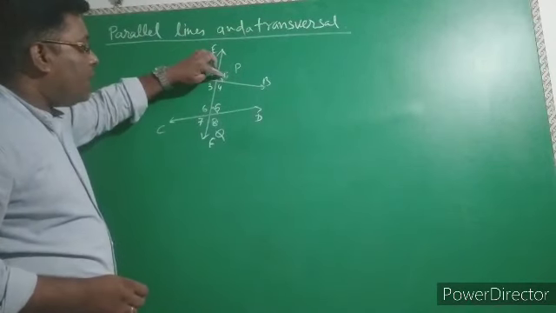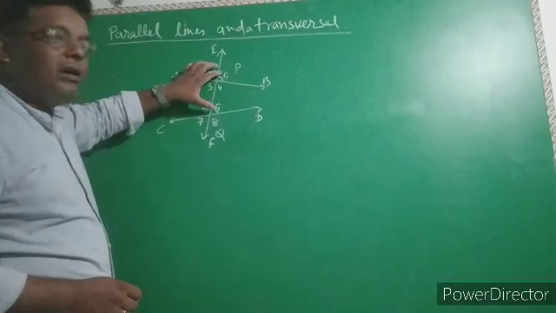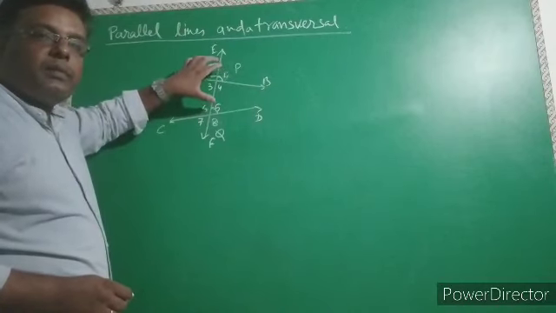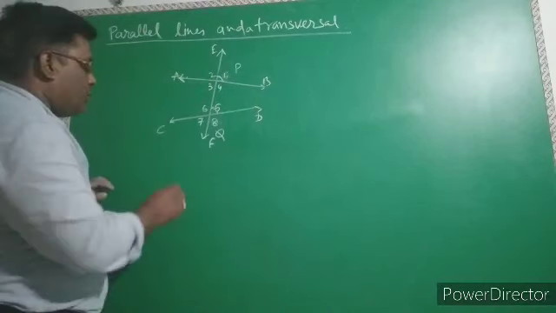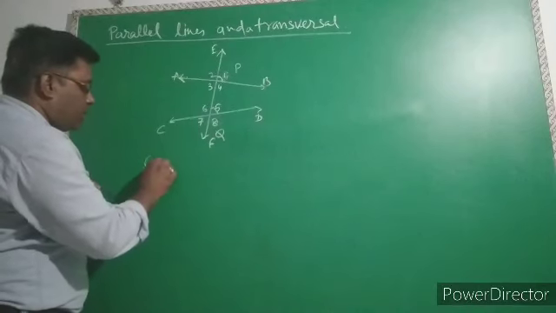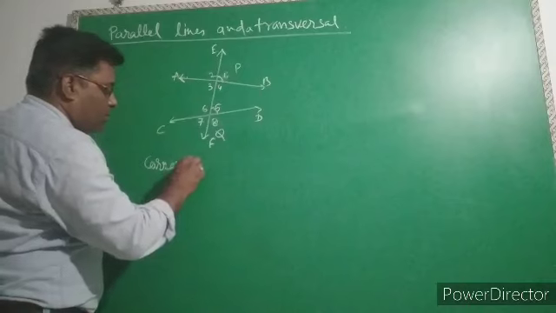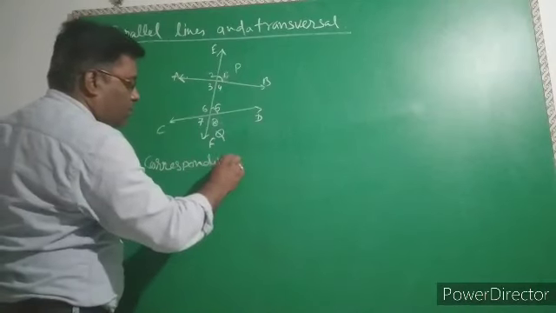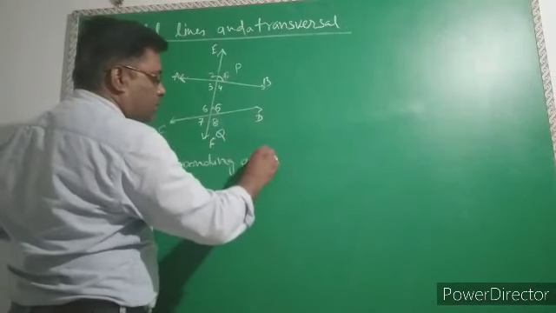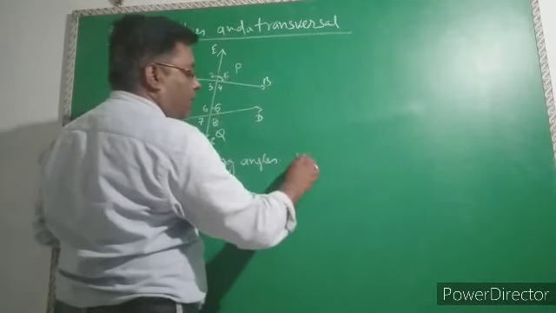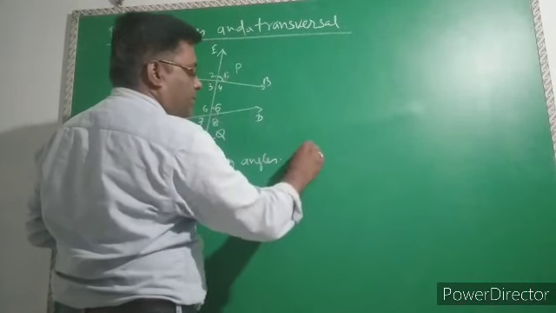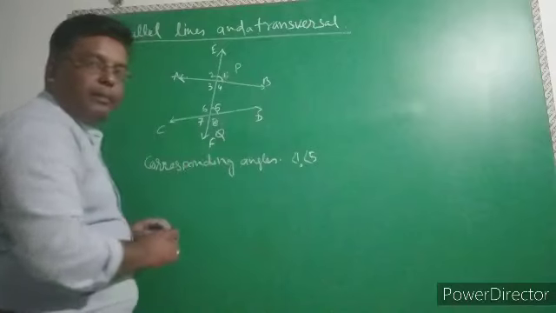So angle 1 and angle 5 are called corresponding angles.